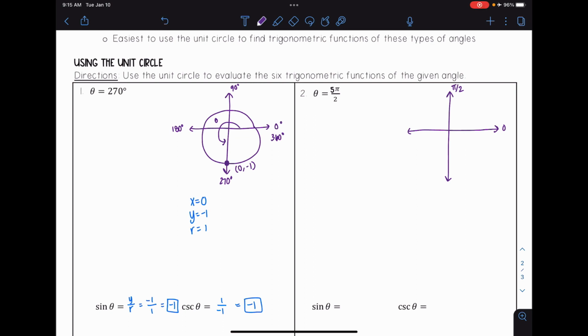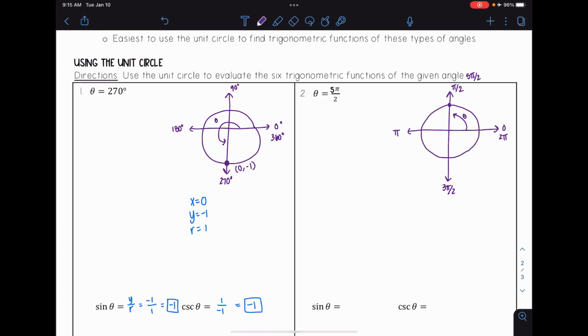If I add another pi over 2, I get 2 pi over 2, which is just equal to pi. And then add another pi over 2 over that, you get 3 pi over 2. And then 4 pi over 2, which is just 2 pi. And then I see the next one is 5 pi over 2. And so that means that my angle here is ending on this axis.